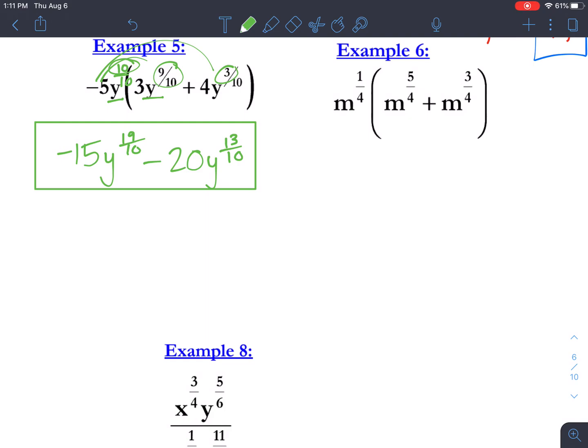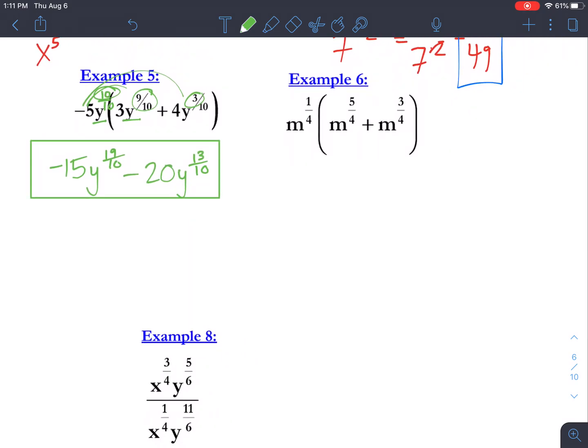Number 6, kind of similar idea here, except nicely I have fourths, and I have fourths again. So this is going to be a little quicker because I don't have to do anything special. So I'm distributing. Keep the base, add the exponents, 1/4 plus 5/4. Distribute, keep the base, 1/4 plus 3/4 is 4/4.